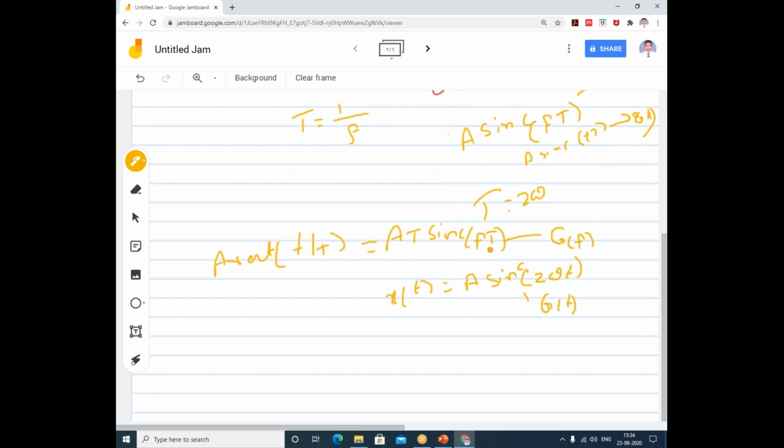When you replace f with t, what will happen? It becomes A sinc tT. Now you compare this with the given problem. When you compare with the given problem, your capital T is now 2 omega. So I can write capital T as 2 omega.